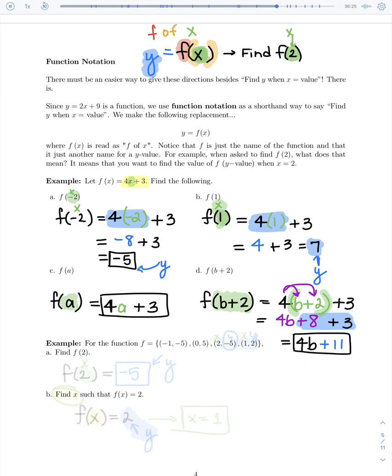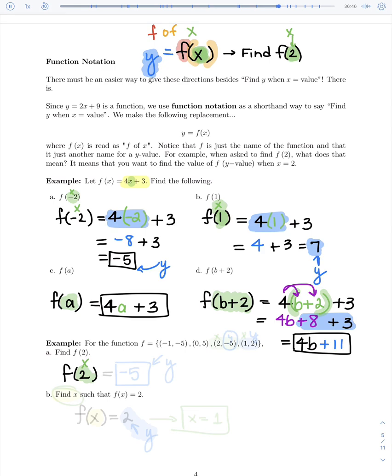In this next function, we've got just a bunch of points. But they're still calling it the function f, and they're telling us to find f of 2. Well, remember, whatever's inside of those parentheses is an x value. So they want me to go find the point from this function that has an x value of 2.